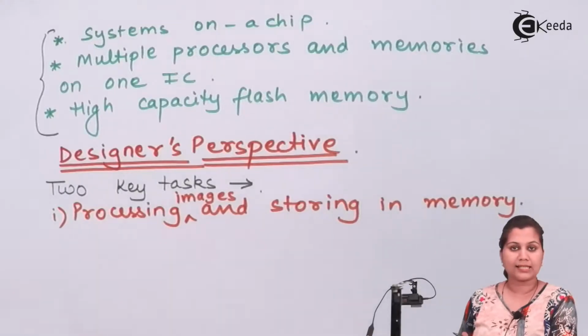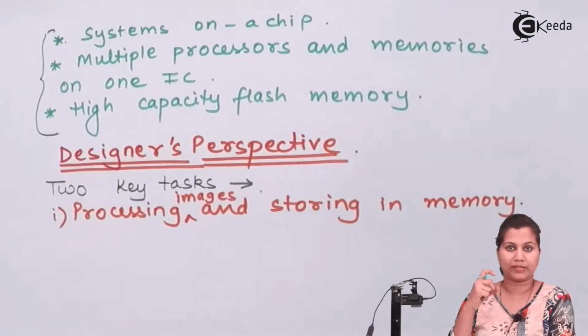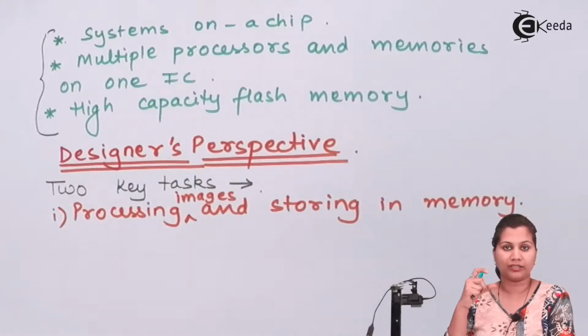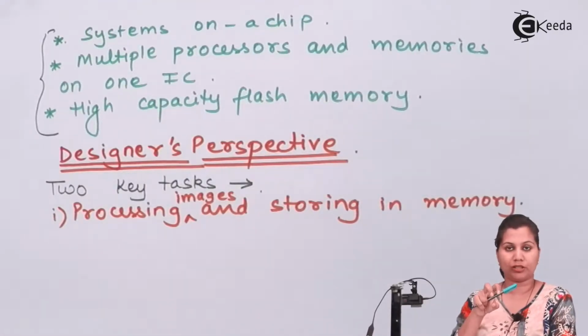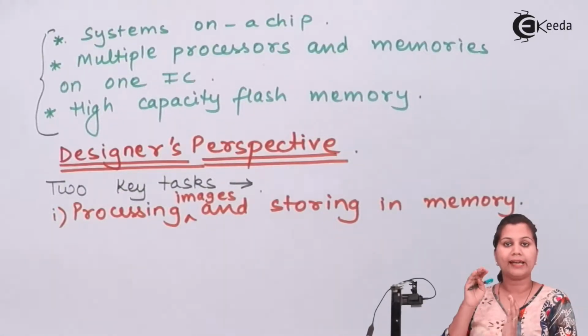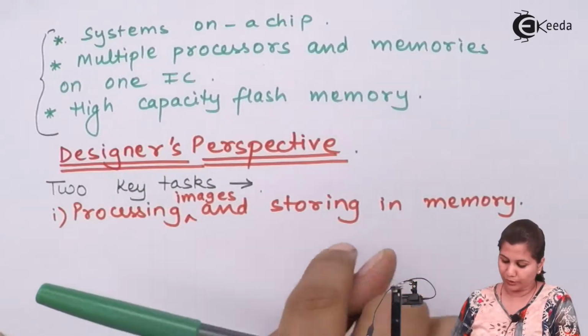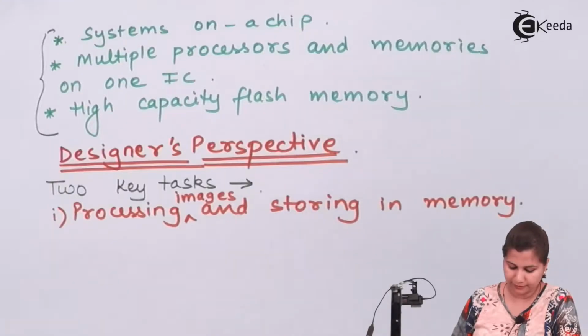When this task is to be done, when the shutter of the camera is pressed, the image is captured. After that the image is processed, meaning the image is converted into digital format, and then it is stored in memory. So this first task involves these steps.